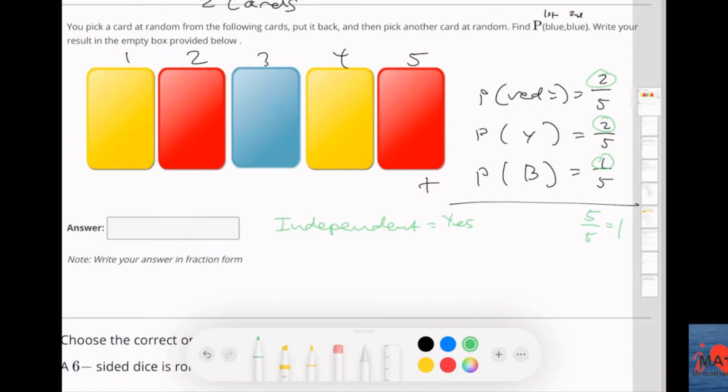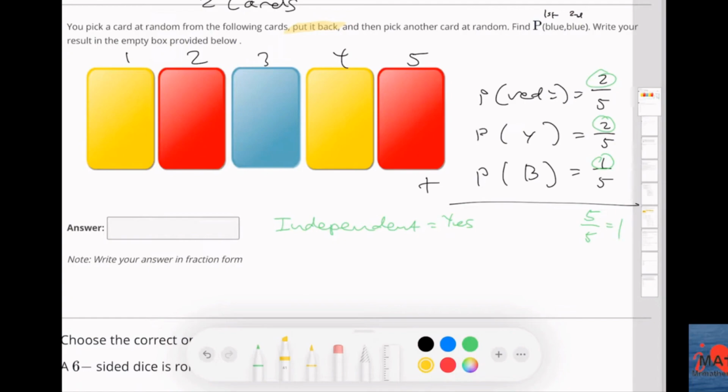You pick a card at random from the following cards and then you put it back. There's the key word, put it back. Because if they say don't replace it, or let's just say you eat the card, that means there would only be 4 cards to choose from on the second choice, not 5. And then that would not be independent. The second choice would be dependent on the first one, because you have 1 less card.